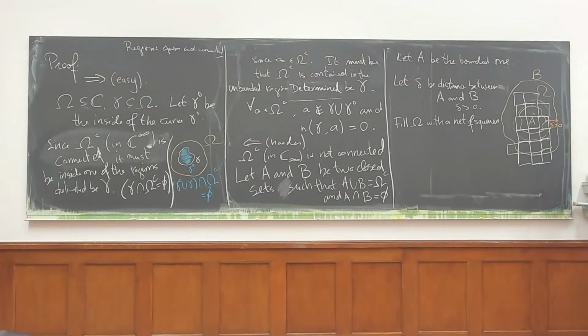Okay, and now clearly I want to do this to make sure that if a square contains a bit of A, it doesn't contain a bit of B, right? So I'm going to do it in a way to make sure that when I take my square, the diagonal in the square is smaller or equal than delta.